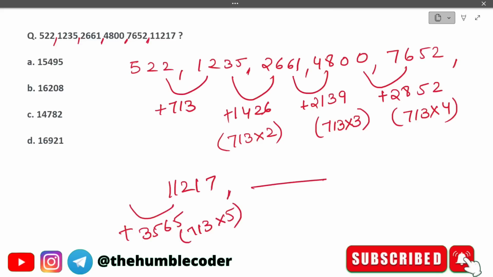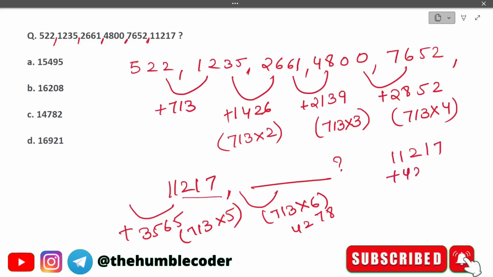Next, so now you know, we have to find it out. Okay, so how we can find it out? 713 into 6, which is going to be what? 4278. Okay, and what we need to do, we need to add this number to this previous number, right? So 11217 plus 4278 is going to give us what? 15495.